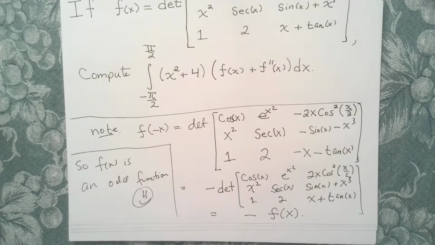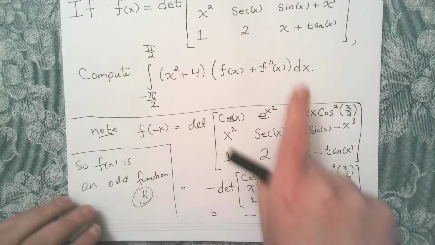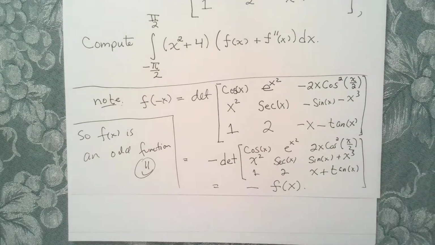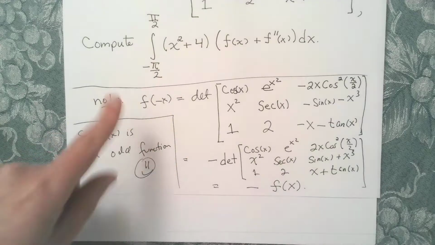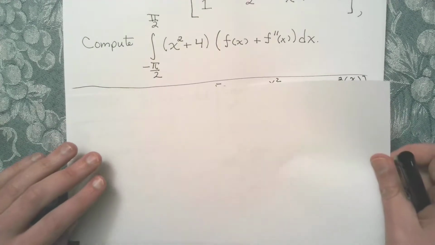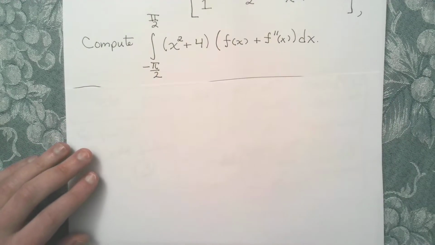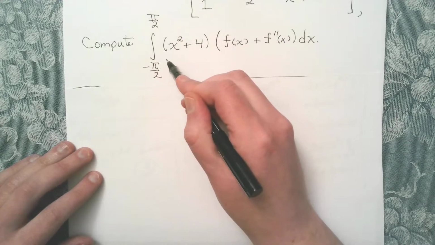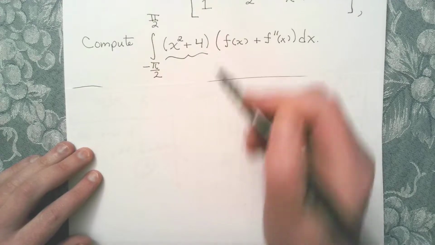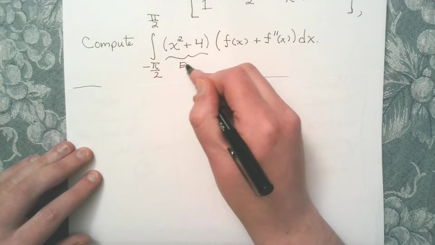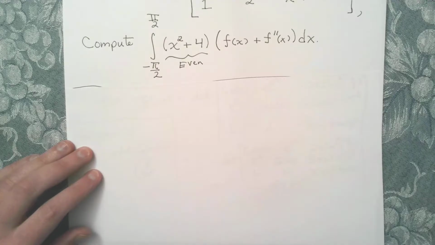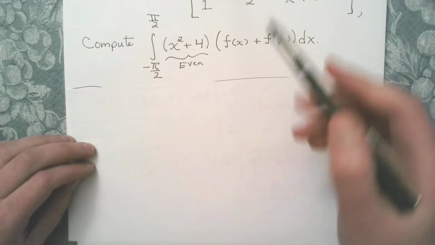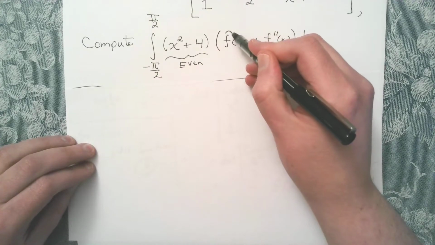Awesome. So I think we should talk about tackling this now. So I'd like to keep this integral up. Let's see how to think about this. So what we have here is, let's think about this. This is an even function. And let's think about this. We just showed that f of x was an odd function.